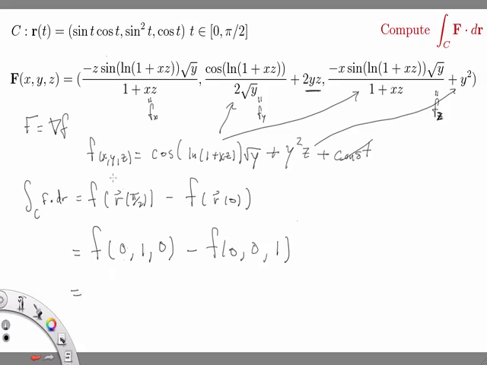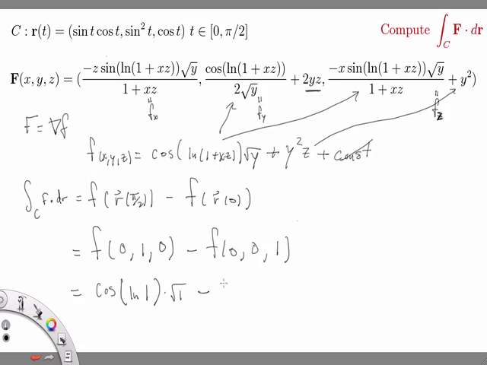Okay, so now we're going to use our potential function. So I get cosine of natural log, and then now x times z is 0 times 0. So that's just equal to 1 plus 0, which is 1. And then times the square root of 1.